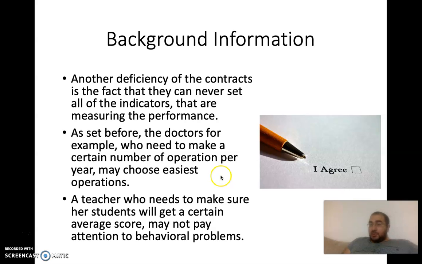Basically, those workers might just concentrate on the aspect the contract is focusing upon, like teaching just for tests, and not focusing on other things like motivating students or making them like science, or paying attention to other developmental problems of the students, which, according to some views, at least a high school teacher should be paying attention to.